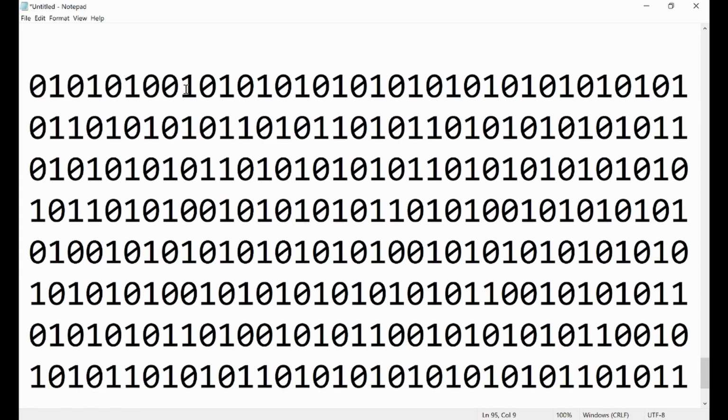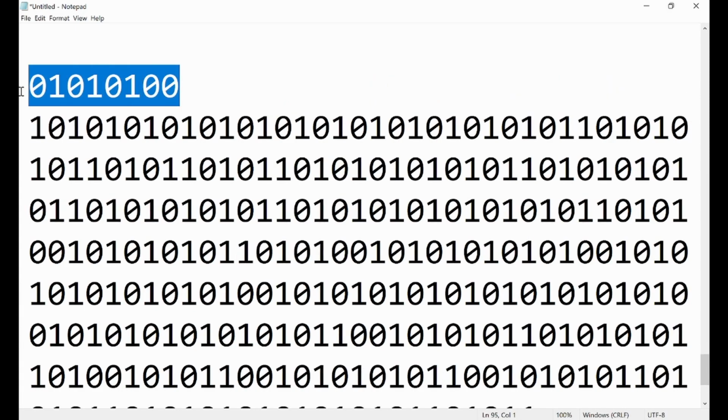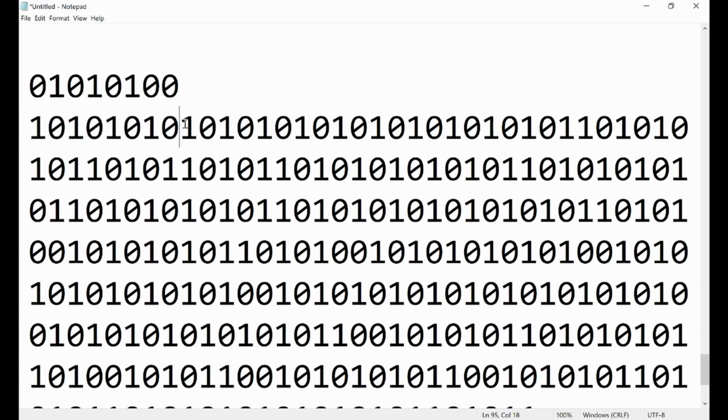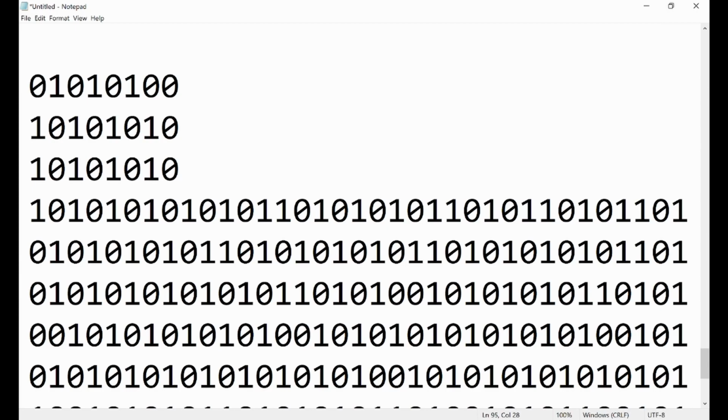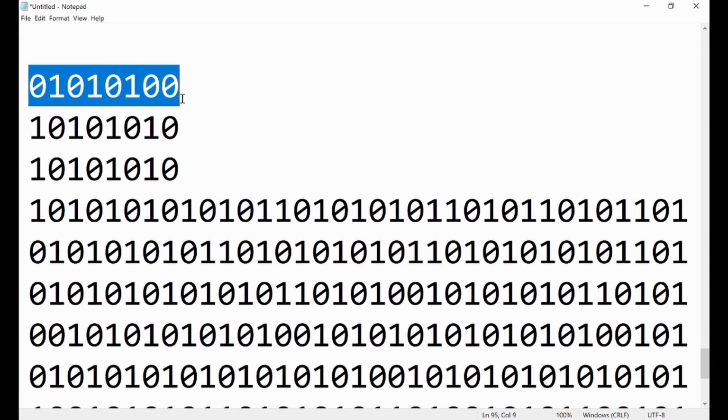So I will separate them into 8 bits and calculate the first 8 bits. Find the next 8 bits and calculate. Find the next 8 bits and calculate. Because even though the codes are together, they are counted in 8. So I can convert this 8 into decimal. I can convert it into text. Are you with me? Now let's convert this first 8 into decimal.